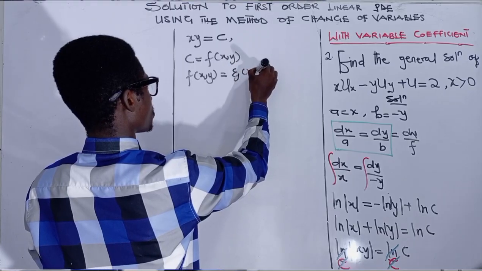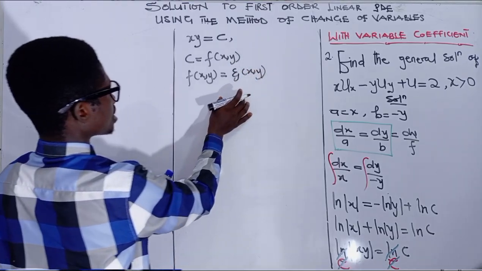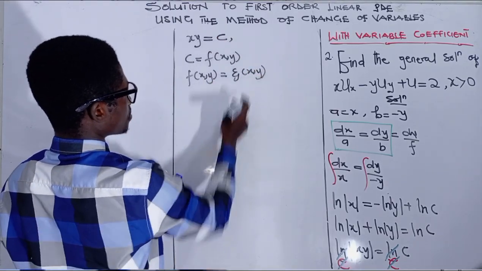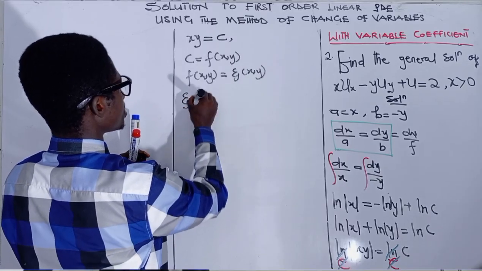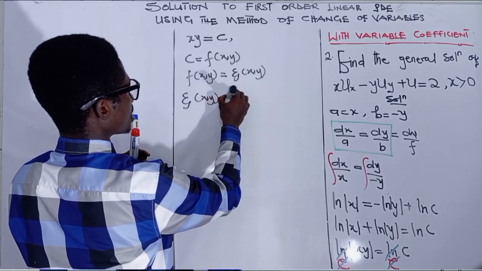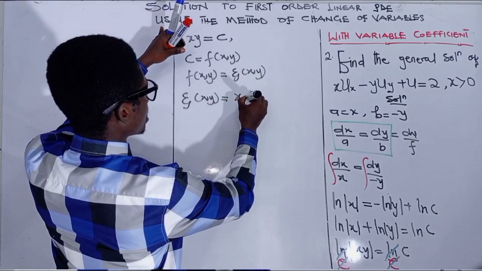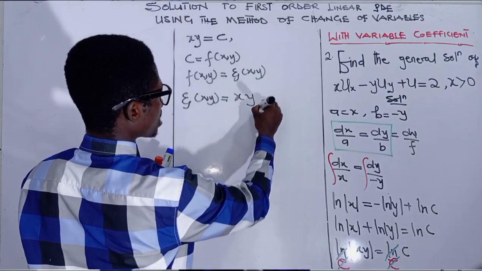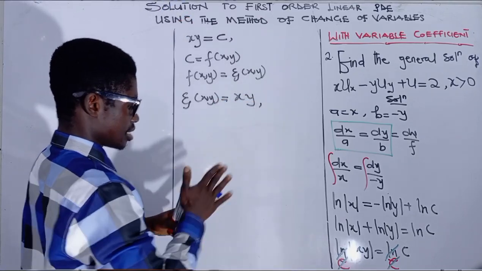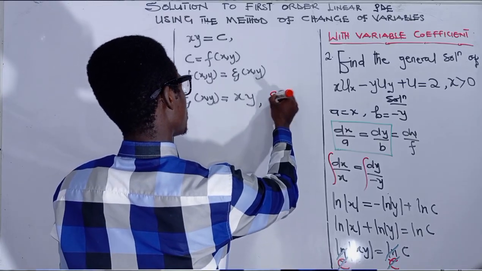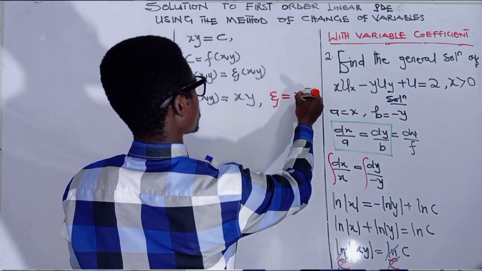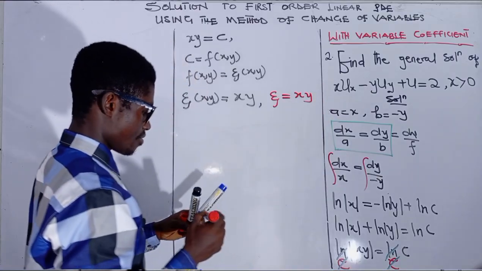So from here we can say that our c is equal to z, which is a function of x and y, and y is equal to xy. So simply we can say that our z is equal to xy. Very, very simple.